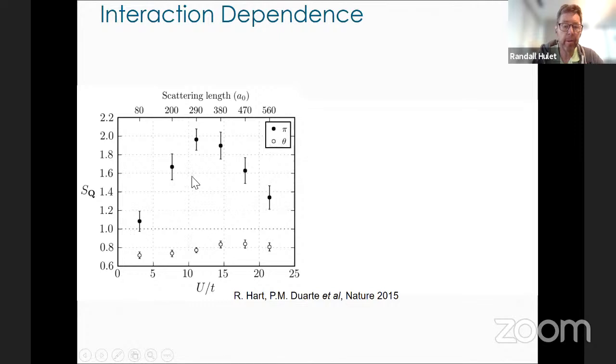And you can see the difference. So the structure factor is on an absolute scale because we can normalize the signal according to time of flight. The spin structure factor is easily seen with the signal to noise that we have, but it's not very big. It only goes up to 2.